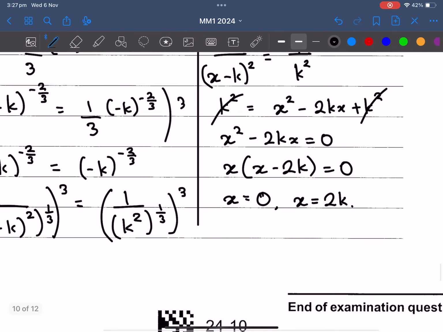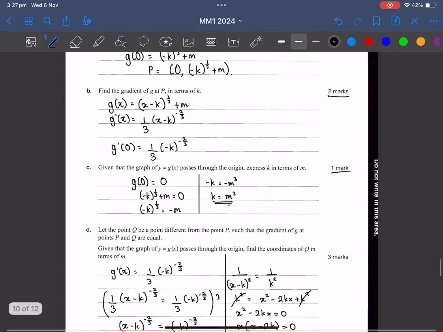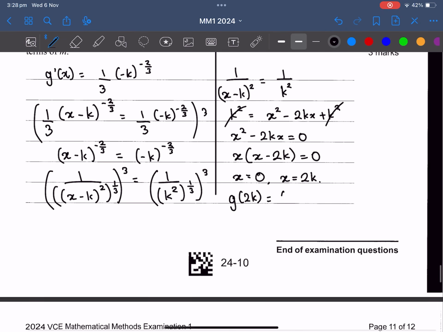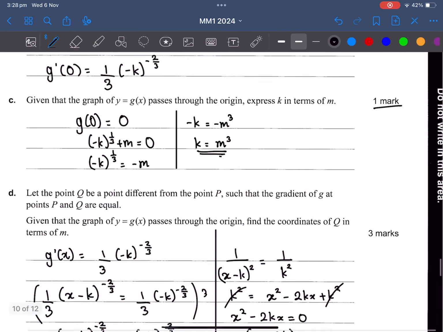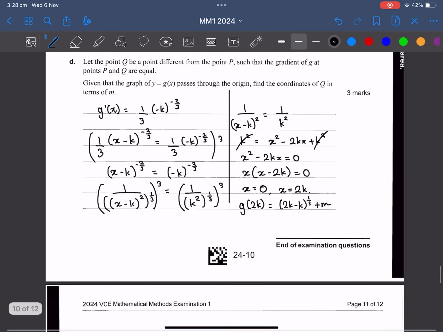Alright, so if you substitute x equals 2k back in, what do we get? We get (2k minus k) to the power of a third plus m.